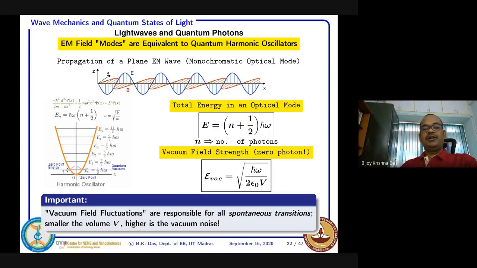Now, I said that any harmonic oscillator, just try to recollect your school level knowledge, for example a simple example is a pendulum. In the pendulum you have observed that the total energy, kinetic energy plus potential energy, is conserved.